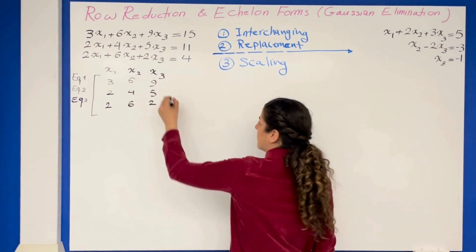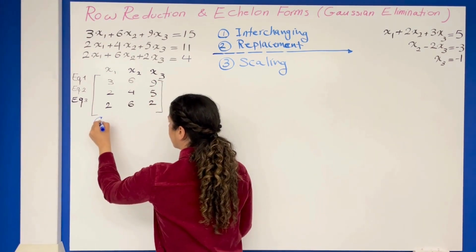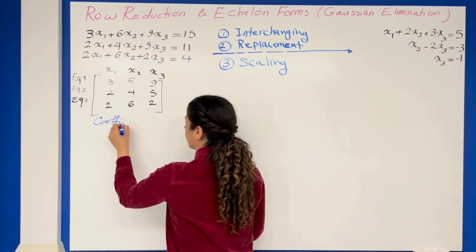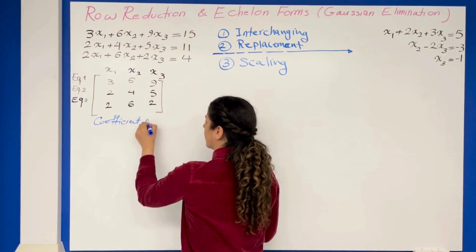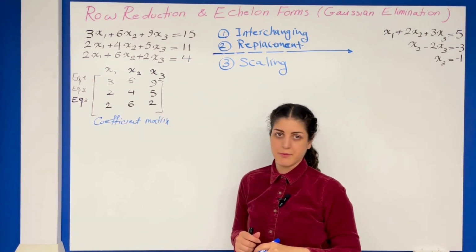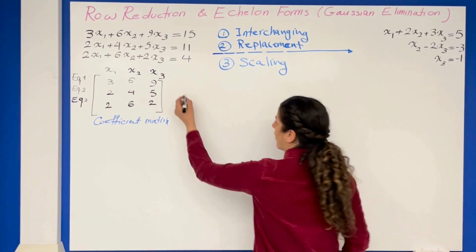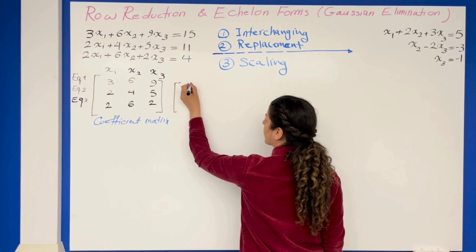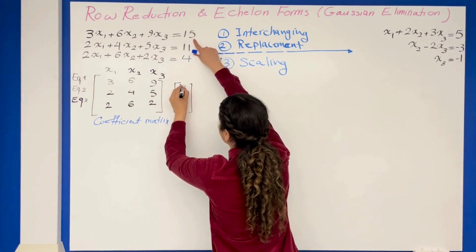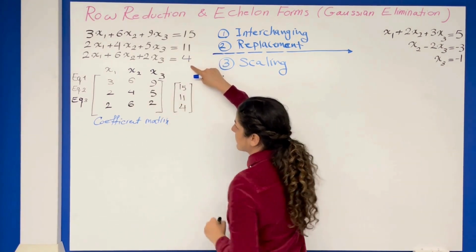This matrix is called the coefficient matrix corresponding to this system. Now, for the second part, I can put all the constants in one single column: the constant of the first equation, the constant of the second equation, and the constant of the last equation.